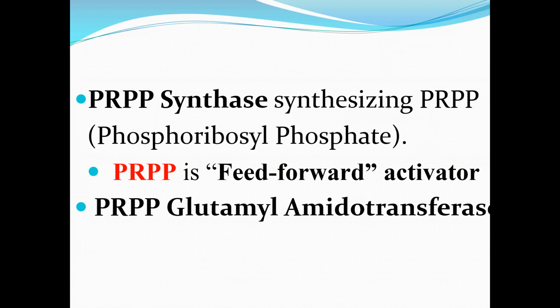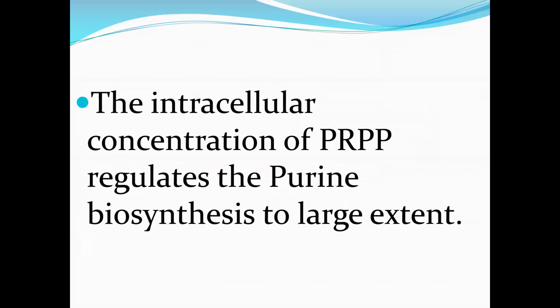Once PRPP gets synthesized, it stimulates the reaction in the forward direction, and it is also an activator of the PRPP glutamyl aminotransferase enzyme. The intracellular concentration of PRPP regulates purine biosynthesis to a large extent.